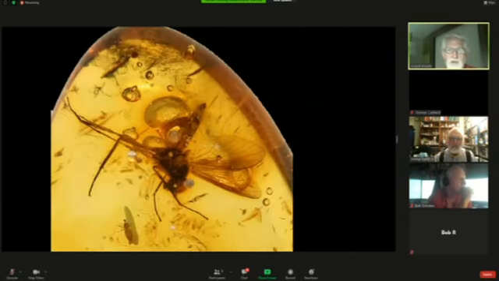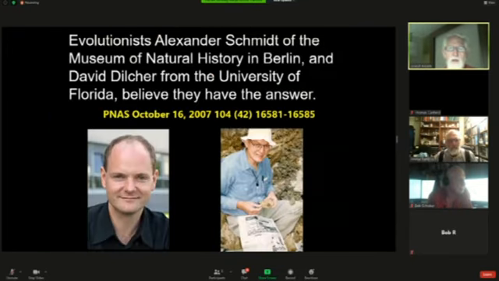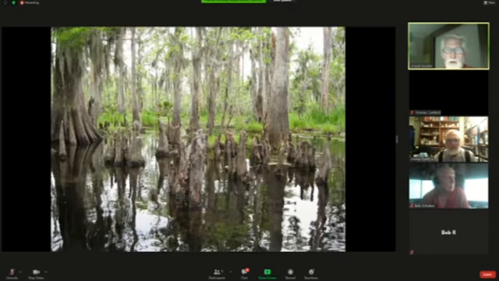So returning back to the bubbles you see here, how do we explain these things in the amber? Well, these two secular scientists may have an answer that puts a lot of this together. The one fellow here from the museum in Berlin and the other one in Florida did some work in the swamps there in Florida, where there was some privately owned land where they could purposefully injure these cypress trees.